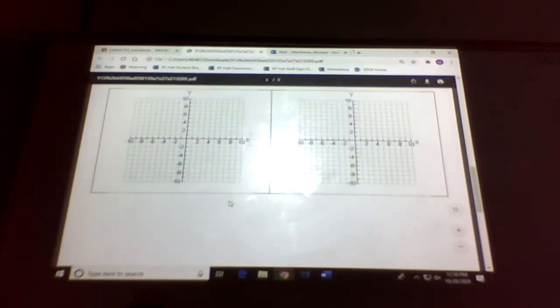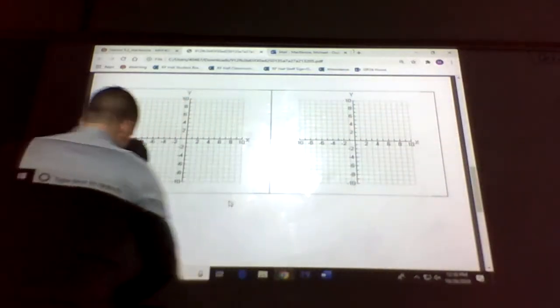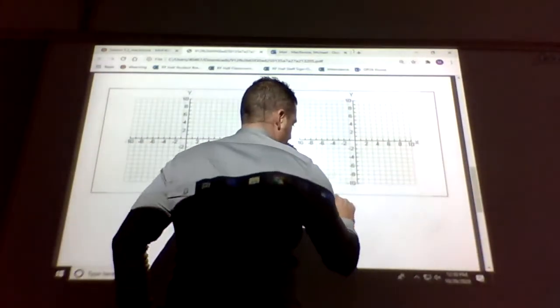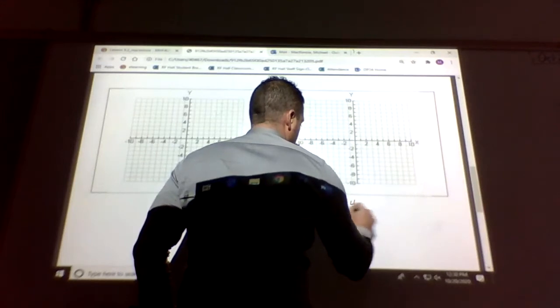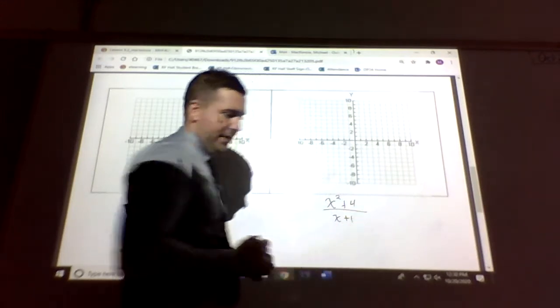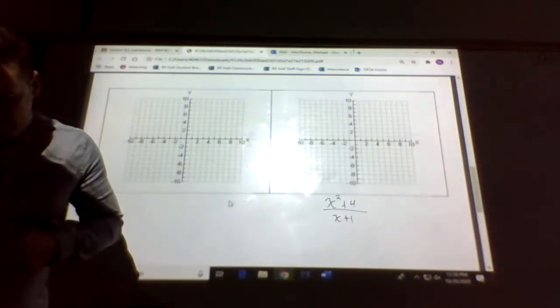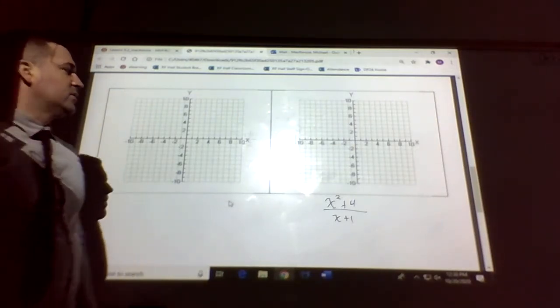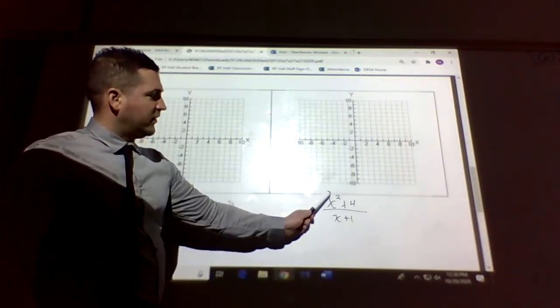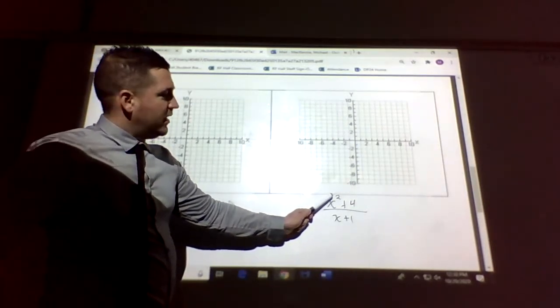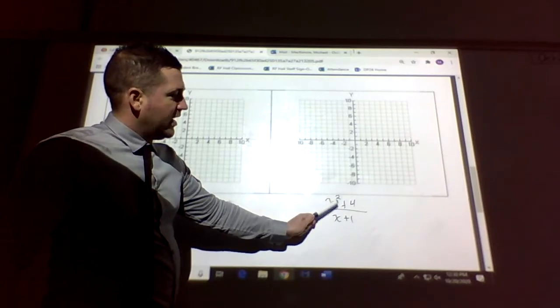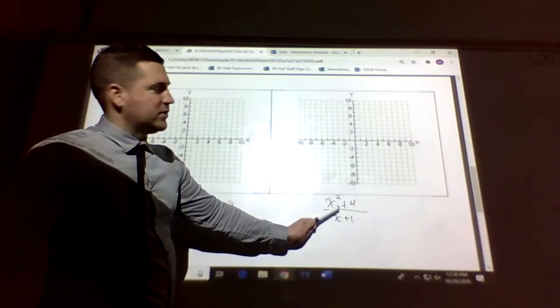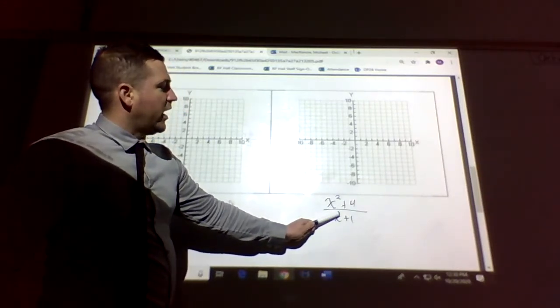So my example is x squared plus 4 over x plus 1. Right now, the degree in the numerator is exactly 1 degree higher than the denominator. This is a 2, this one is a 1.